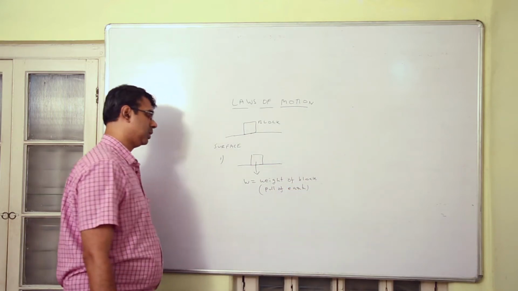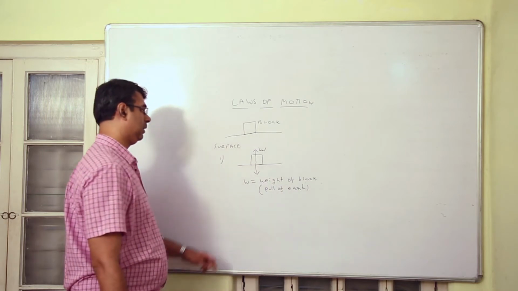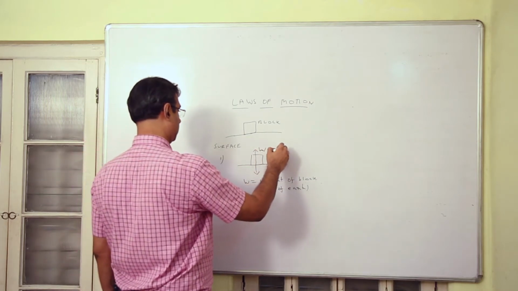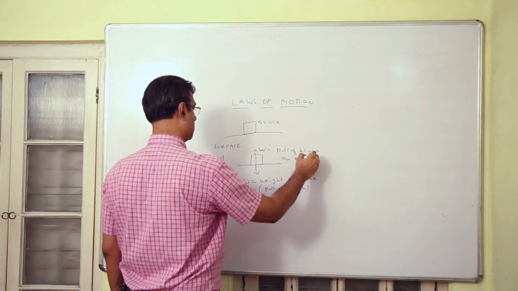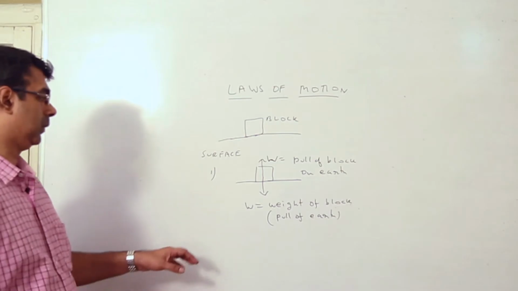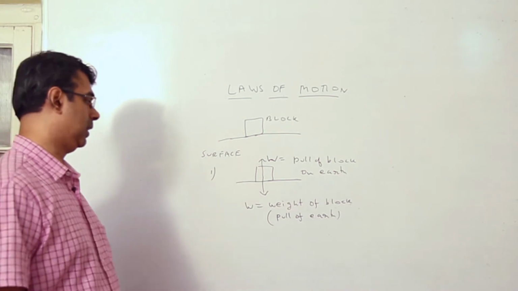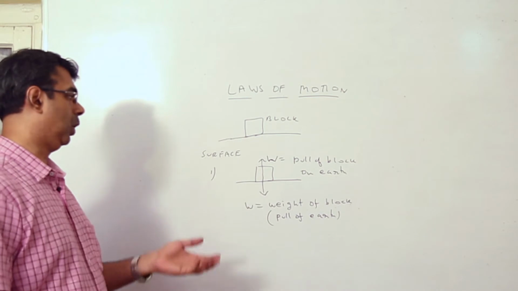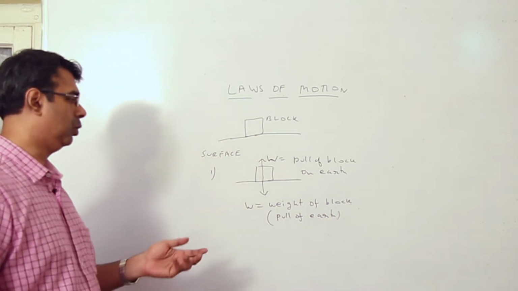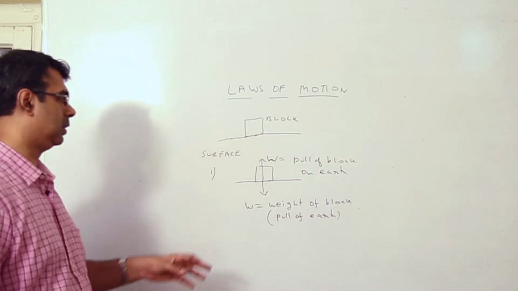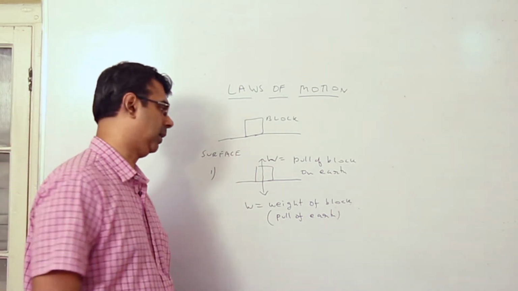So you could also say that W is the pull of the earth, and the block in turn will pull the earth with an equal and opposite force W. I repeat once again, the earth will pull this block with a force W, which we call the weight of the block, and the block in turn will pull the earth with an equal and opposite force W. Well, you all know that compared to the size of the earth, this block is too small to have any effect on the earth. But these two form an action-reaction pair.